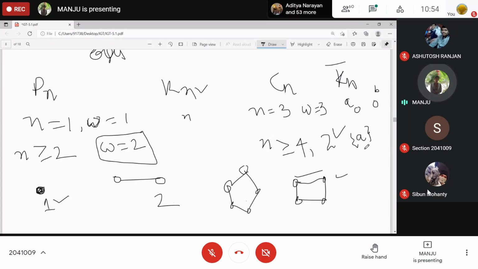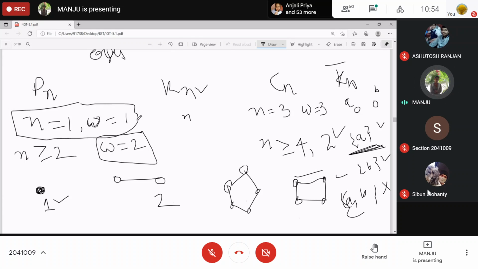We are not having any other vertex. If we had, we would check whether it is adjacent or not. If we take B, trivially a clique. If we take both vertices, this is not a clique. Clear? That's why here for K1 it was 1.